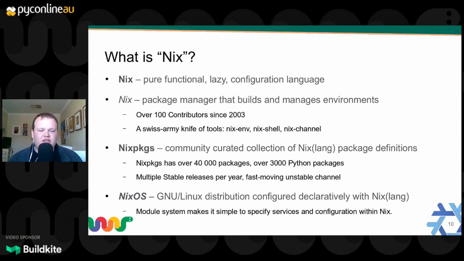The volunteers have done a lot of work doing the tricky part of packaging up a lot of these packages that have traditionally been hard and relied on a lot of native libraries. It has multiple stable releases per year, and it has a very fast-moving unstable channel where you can preview a lot of changes that are going to come out.